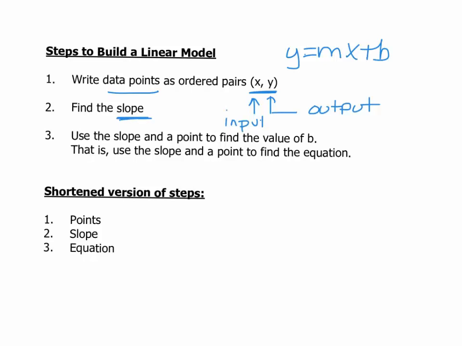And then finally, we're going to plug in our slope into our equation and then plug in one of our points that we're given and solve for b. A shortened version of these steps is first we need to figure out what the points are, second we need to find the slope, third we need to find the equation.